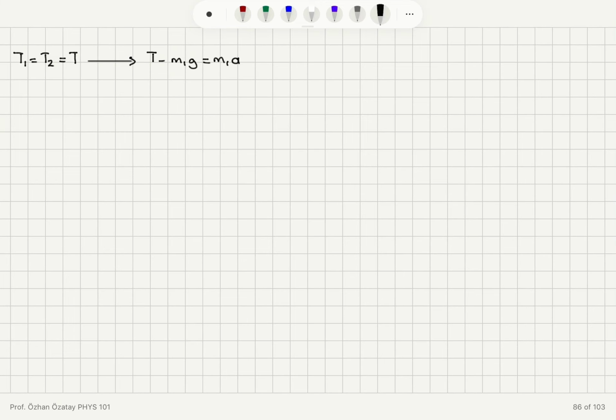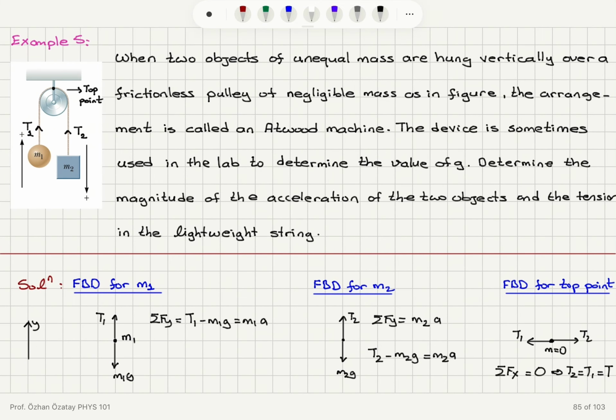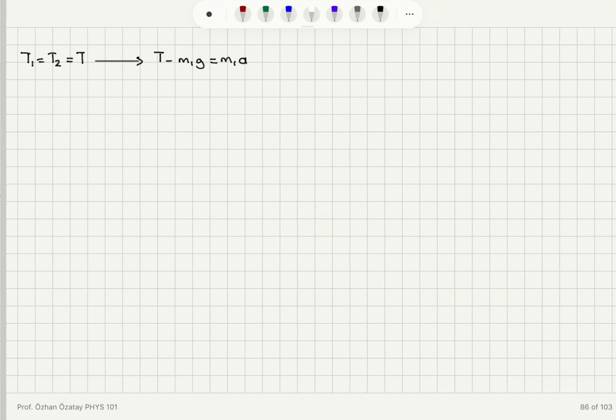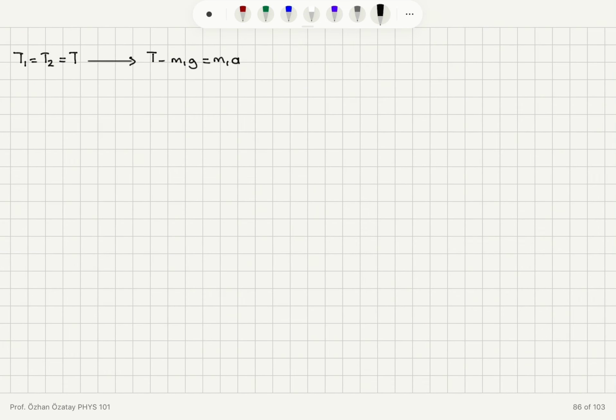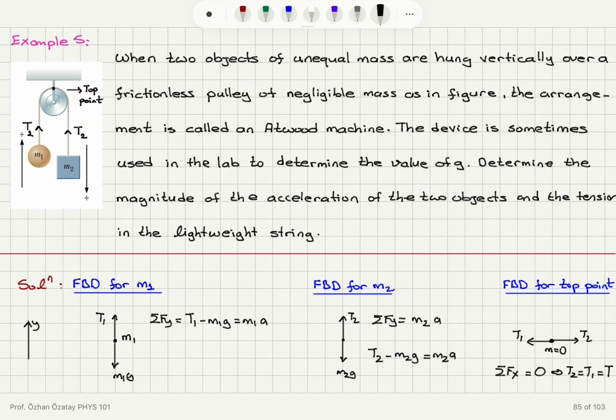The second equation was T2 minus M2g equals M2a, so that would be T minus M2g equals M2a. Now, I noticed that there is a mistake here because the acceleration is pointing down.